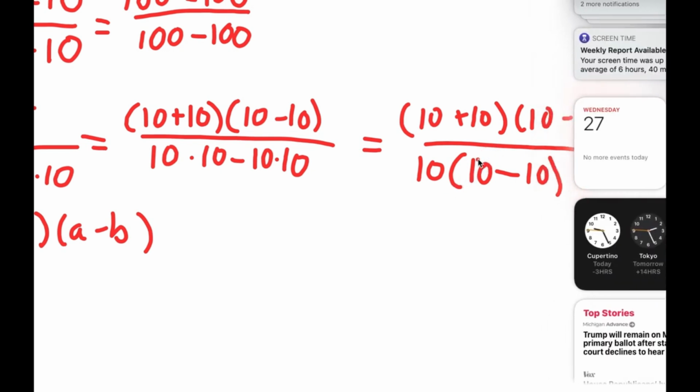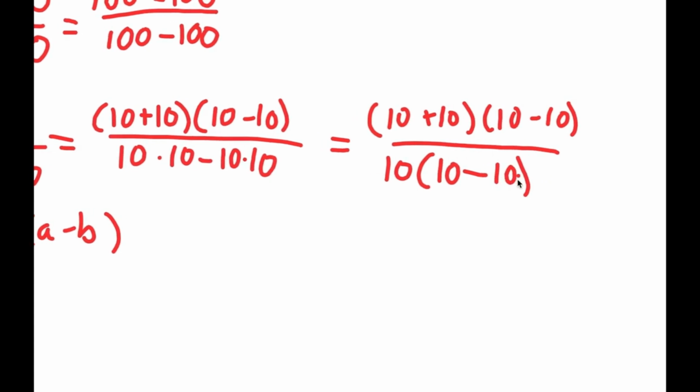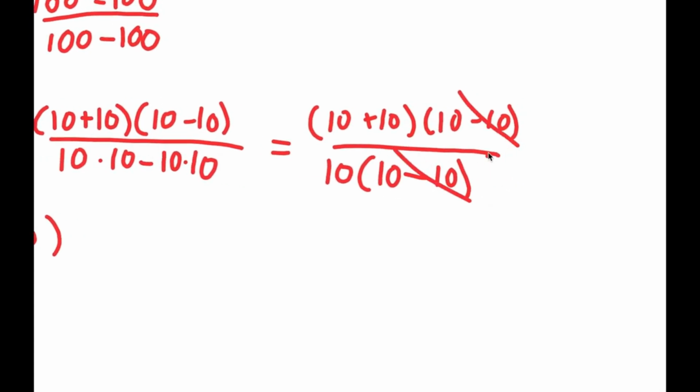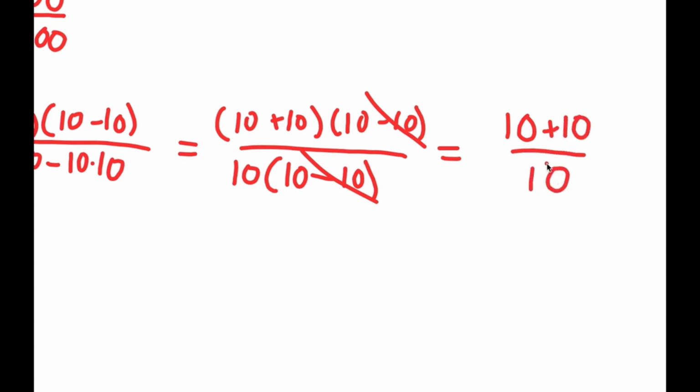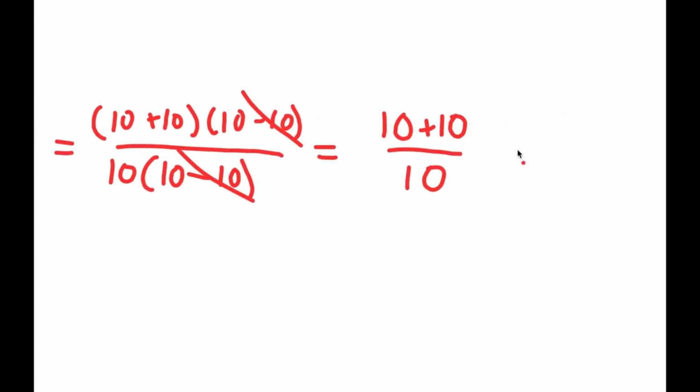Now from here, what I'm going to do is cancel out these two 10 minus 10s. So if I cancel these two out, I get 10 plus 10 over 10. And, well, 10 plus 10, that's 20. So I have 20 over 10, and 20 divided by 10 is 2.